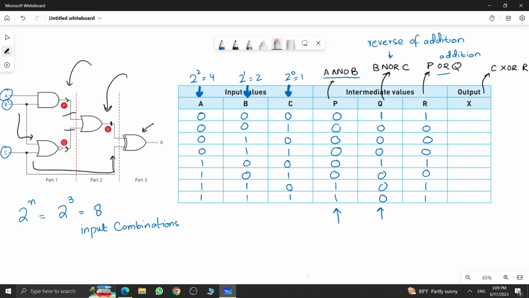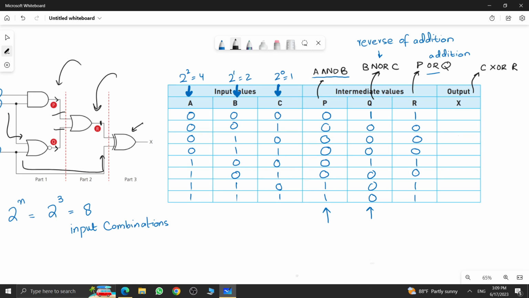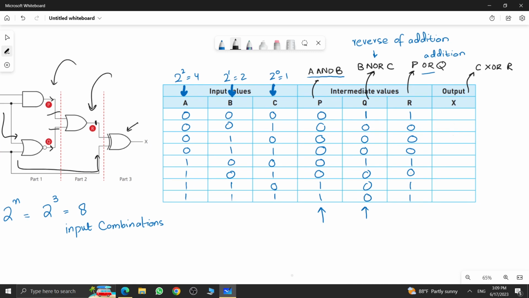Next, the last one is your final output. In the final output, it's a XOR gate. So XOR gate means that first of all, you have to consider the values of C and R. So let me highlight over here. This is C and this is R. Both the values are going to be XORed. Remember that a XOR gate is the one in which you will have 1 output only when you have dissimilar values.